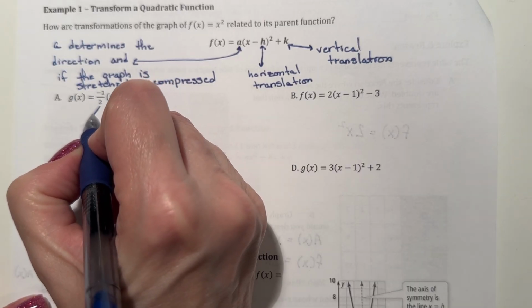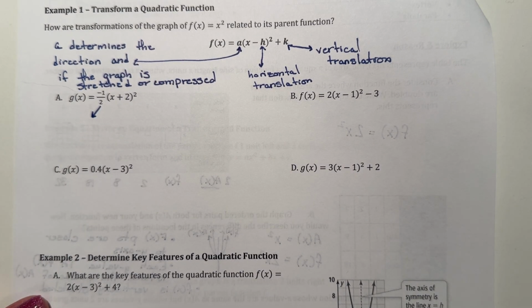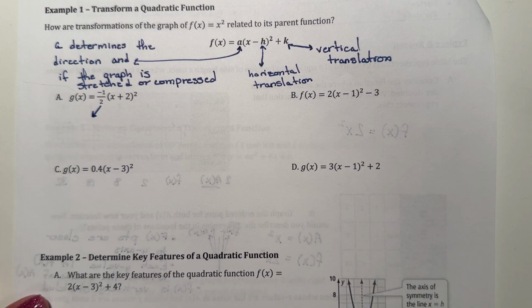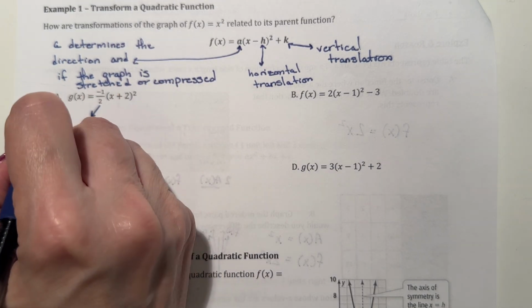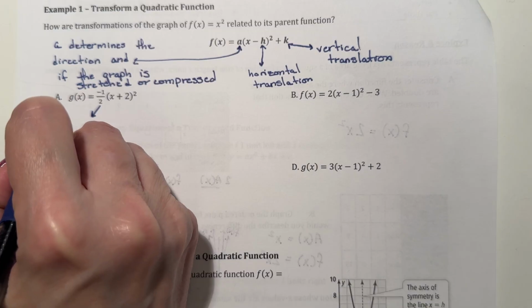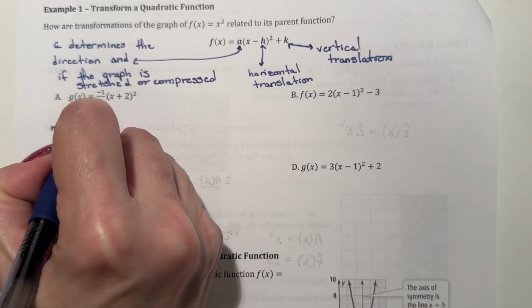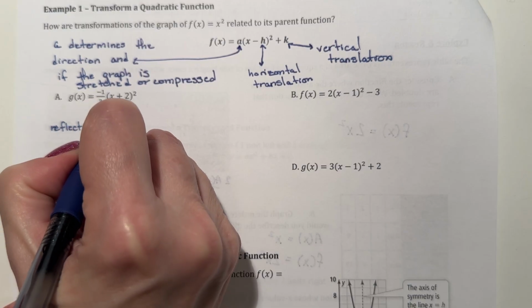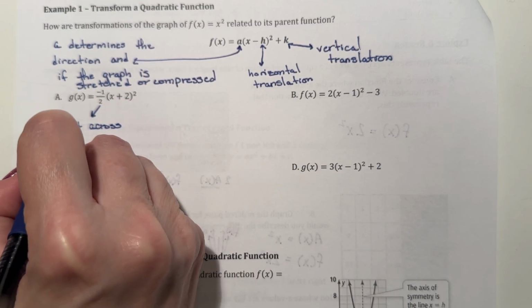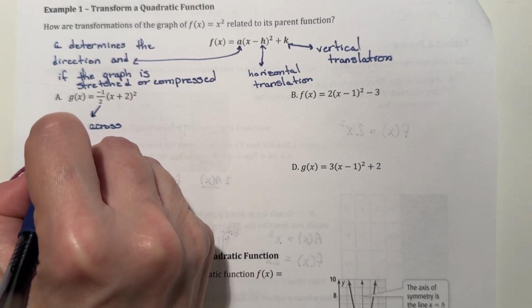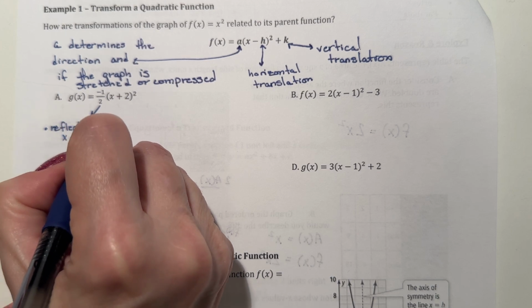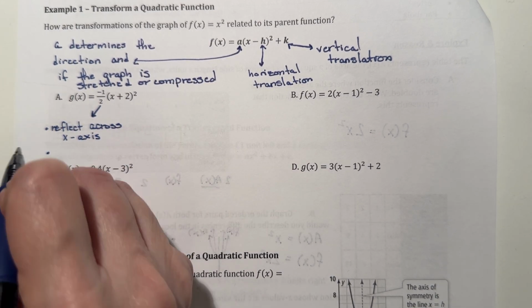So there is a lot happening in this -1/2. So first of all, there's a negative. The negative causes it to reflect across the x-axis. Next, you have a 1/2.